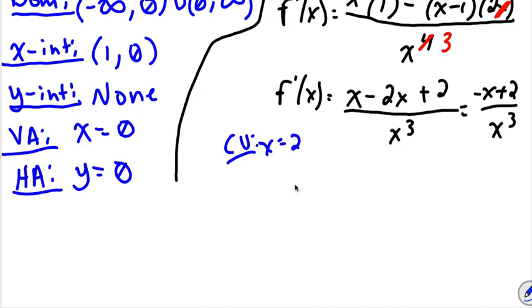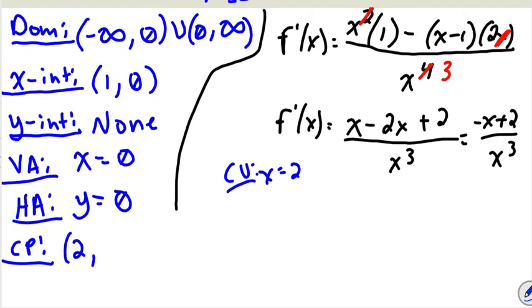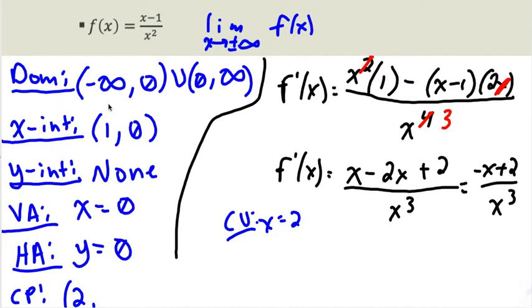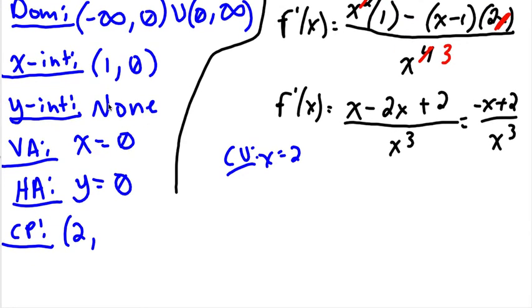This is what makes this function 0 when x is 2. So for our critical point, we just need to plug that into the original function. Remember, anytime you're looking for a point, we take that x value and plug it into the original to get the y value. So 2 minus 1 is 1, over 2 squared is 4. So this critical point is at (2, 1/4).